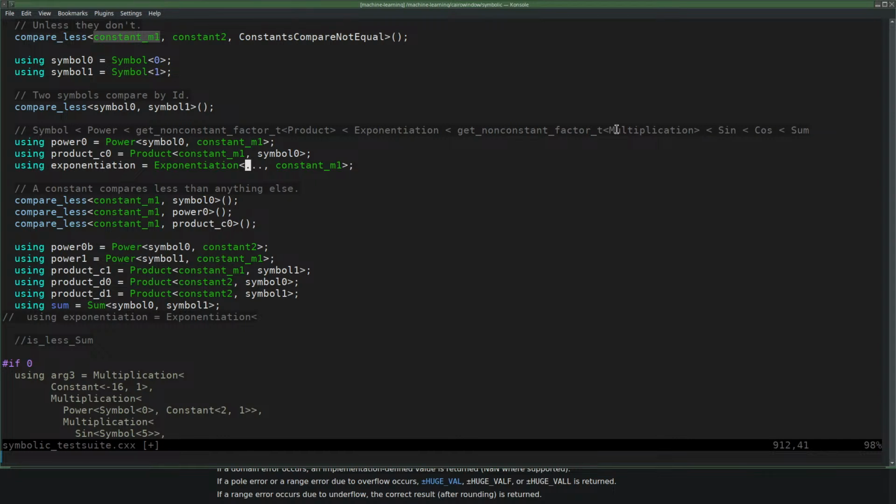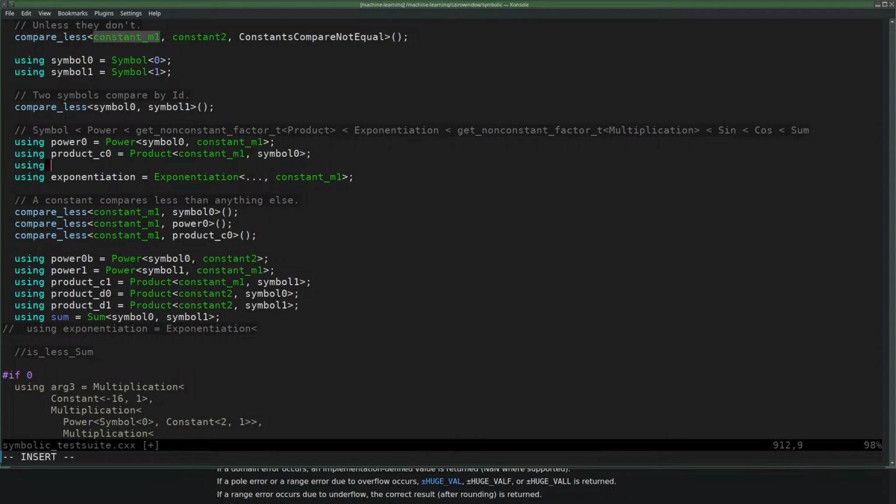Let's go for multiplication then. But yeah, the thing has the same problem actually. The multiplication is something times something else, where the first thing cannot be a multiplication, but also not a symbol, a power.